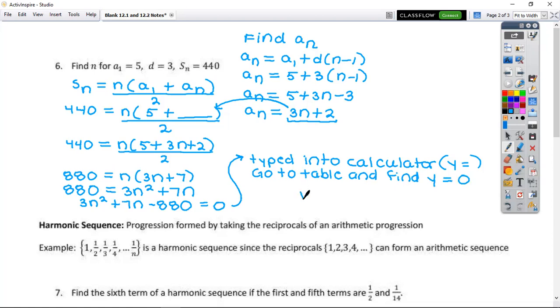And that was located at 16, but I'm going to use an n instead because it's a sequence. So n is equal to 16.